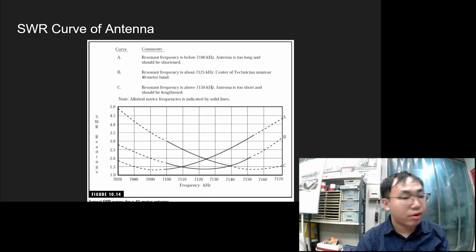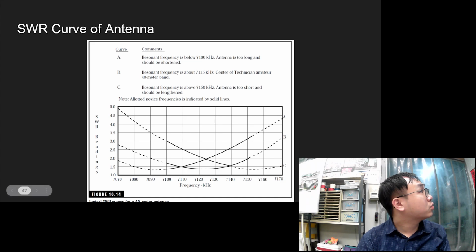So it has a very, very low SWR, standing wave ratio. So yeah, it is good. So for antenna A, it is too long.